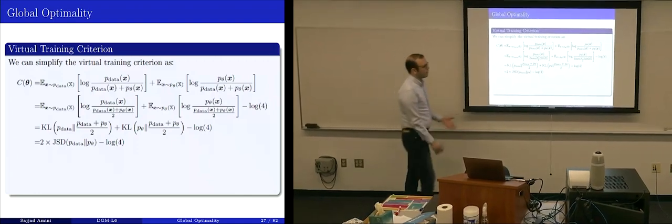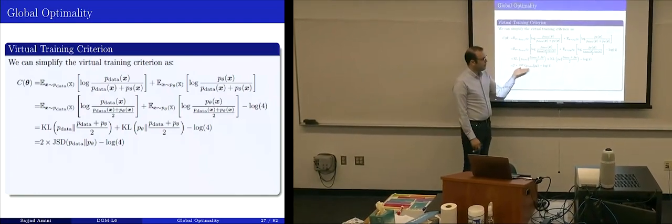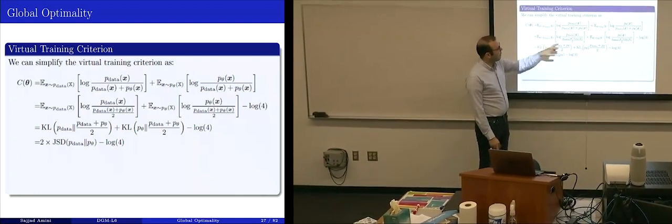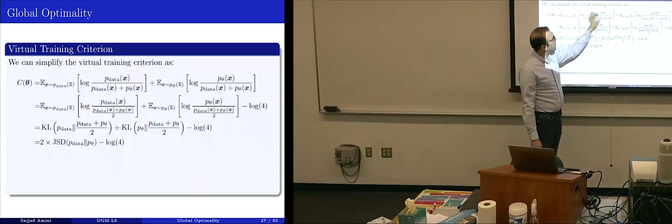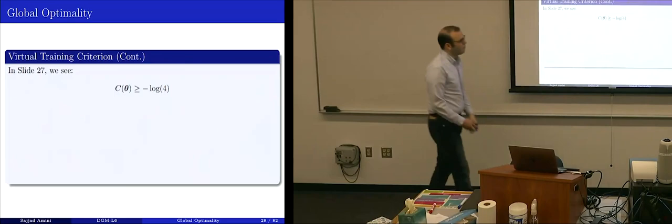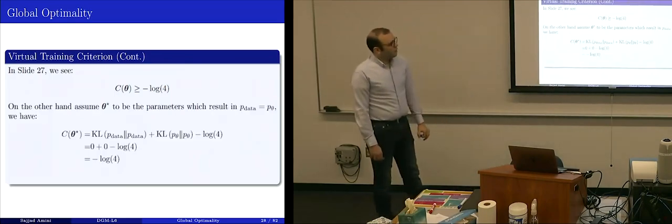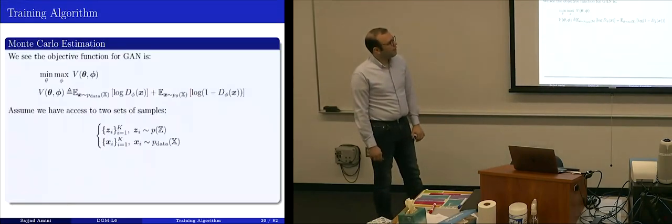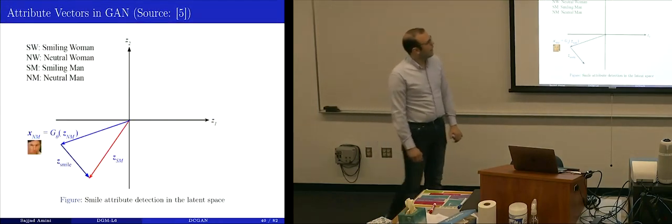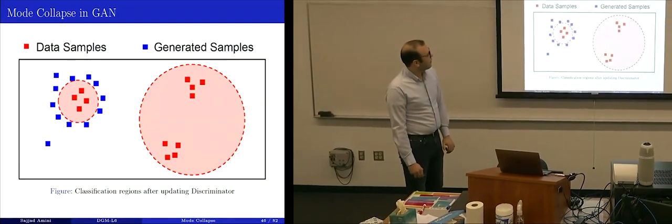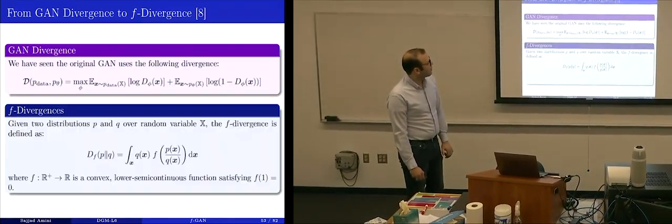But we know that we are not doing exactly the same, because you do not have enough capacity to make the discriminator exactly this ratio. Okay, this was the GAN training algorithm, and this was the attribute vectors and the mode collapse.